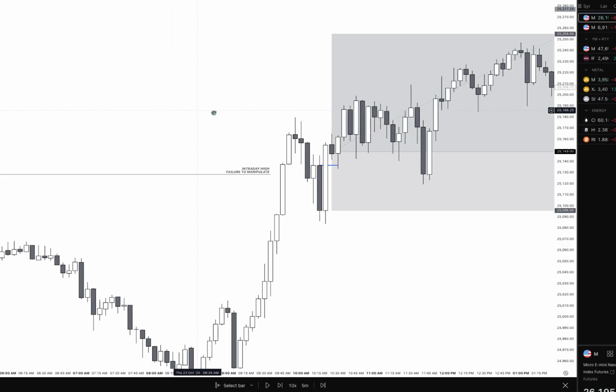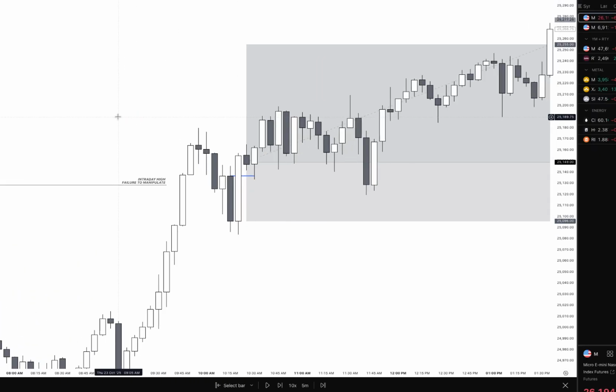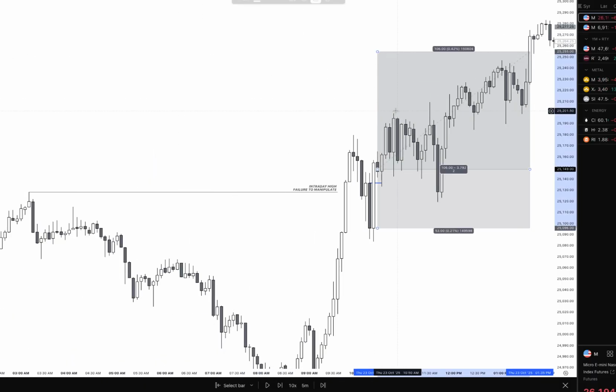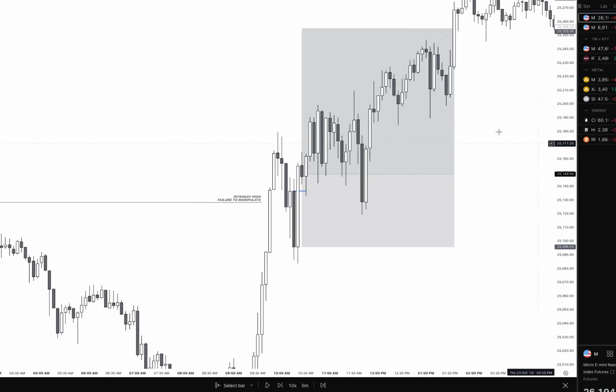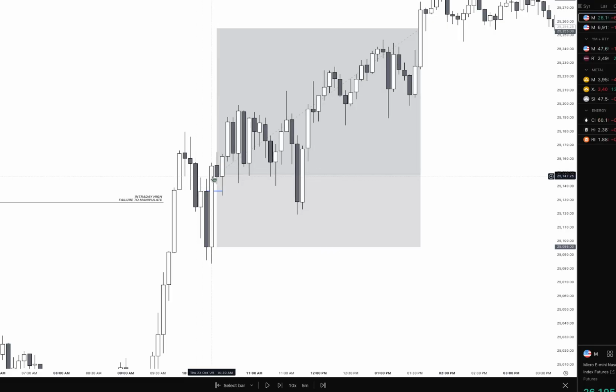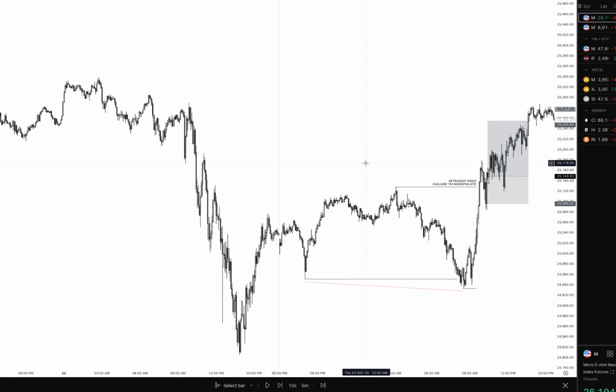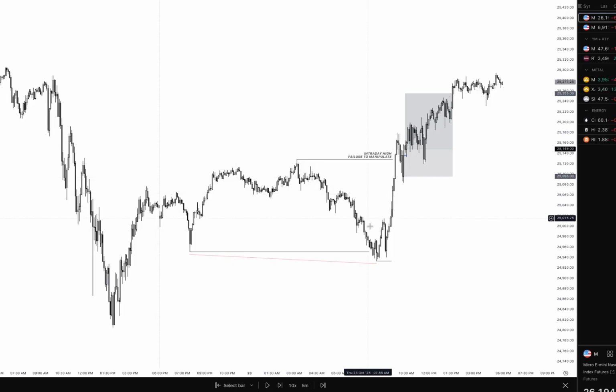So by failing to manipulate it, when I see this happen, strong candle closing above the down close candle, I want to look for long. So on this day, I took another long. When this candle closed, I enter, taking it to a 1 to 2, going higher. It's my setup.